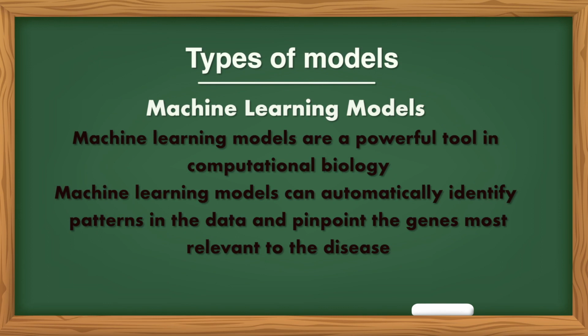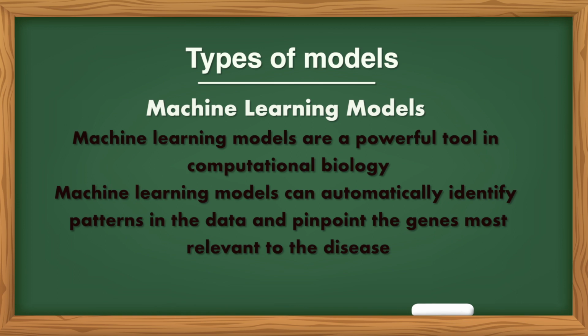Now, the machine learning models. Machine learning models are powerful tools in computational biology. They can learn patterns from the data and make predictions and classifications. For example, suppose you are analyzing gene expression data to identify the genes associated with a specific disease.